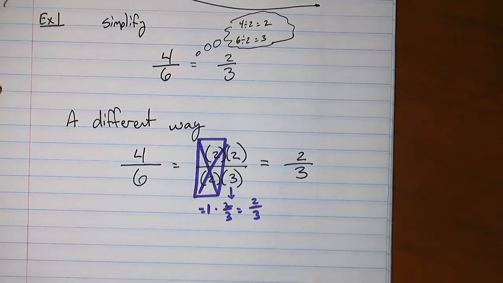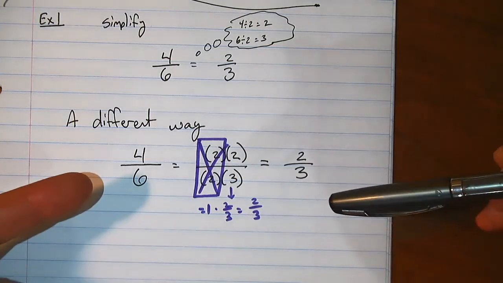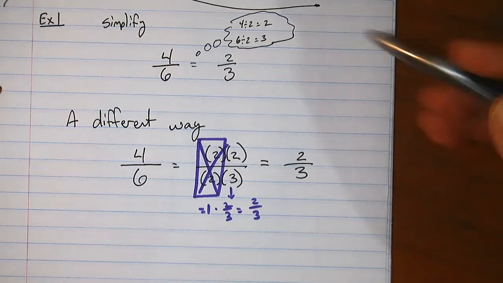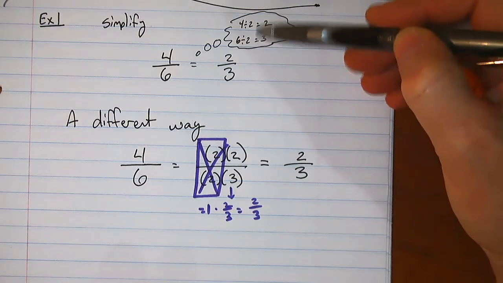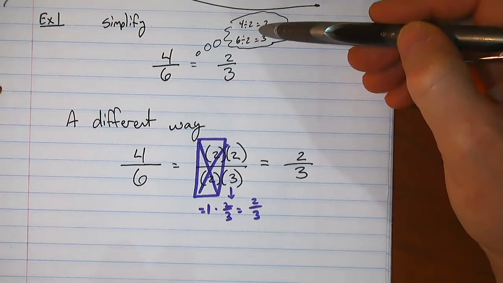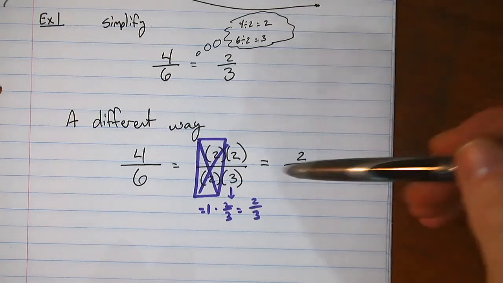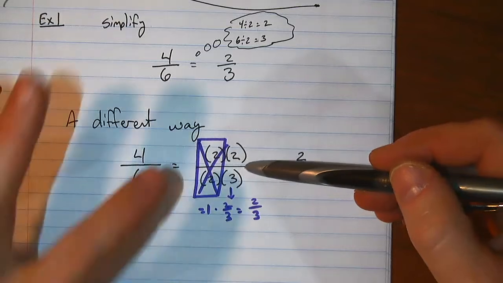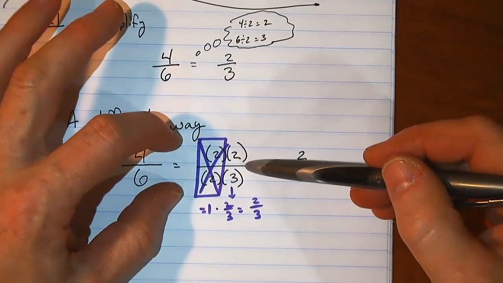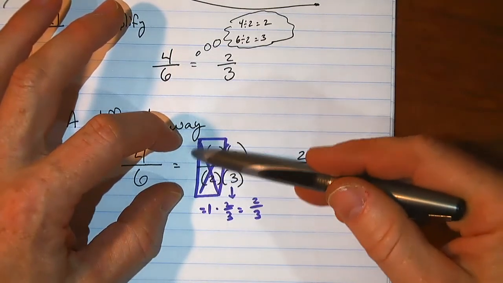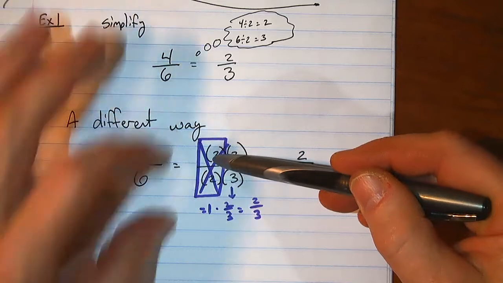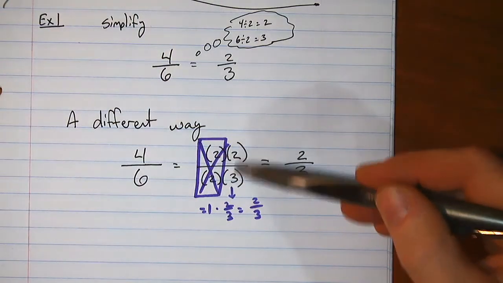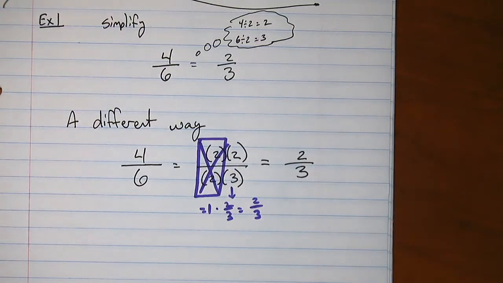And that's important because this is the method we'll use with variables, because we may not have learned our times tables for x and x plus 3 and 2x minus 5 and things like that, but we have learned how to factor those things. And so if we can factor our polynomial and look for common factors, then we can cancel those out, and whatever's left, that becomes our simplified fraction.